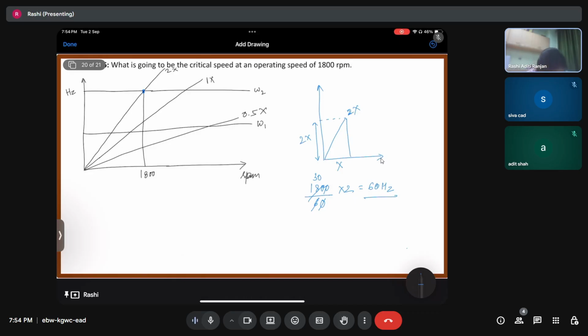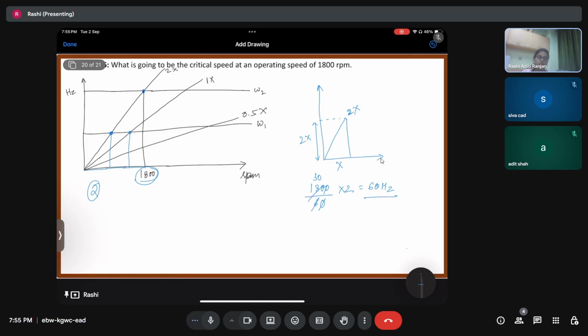You start going over here, here, here, and you'll see there is one interaction here. Then you'll go further, and you'll see there is one interaction over here. And then when you go further, you'll meet this line. So basically, before reaching 1800 RPM, it has crossed two critical speed values. Okay, I hope this is clear.